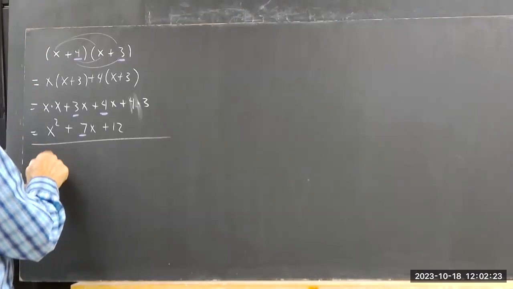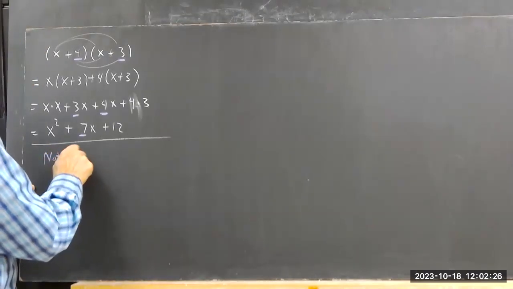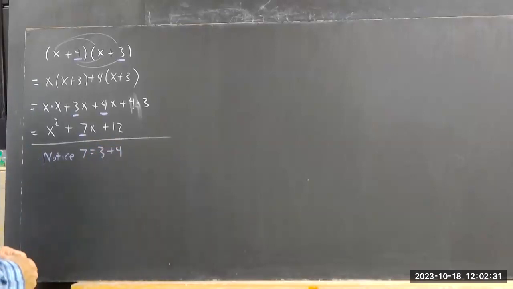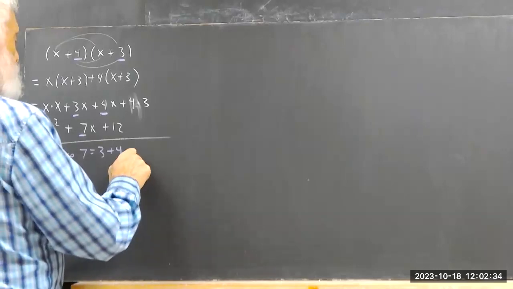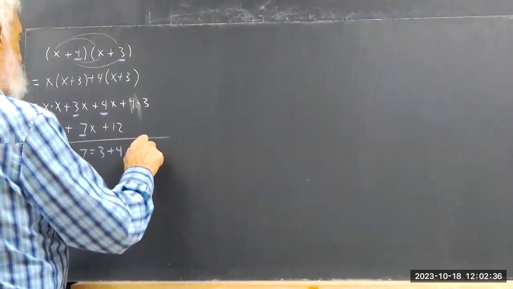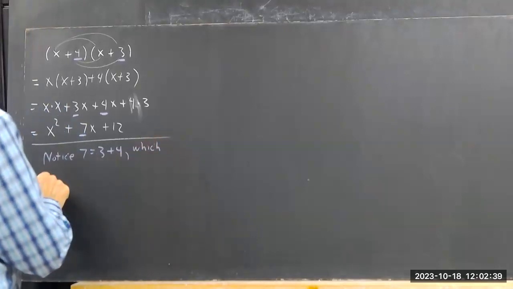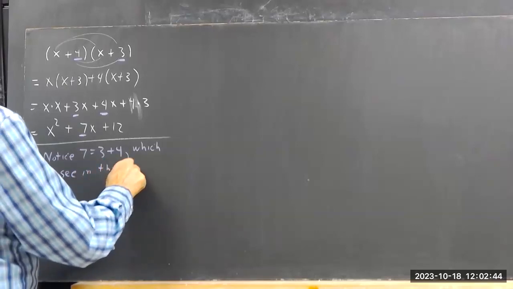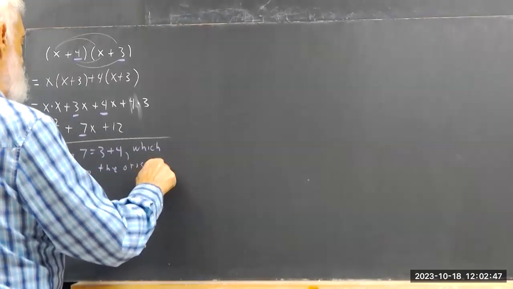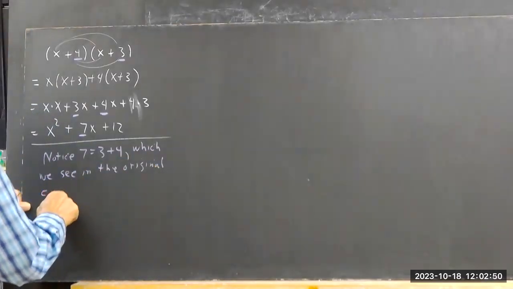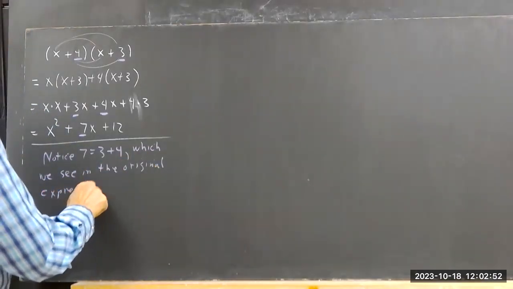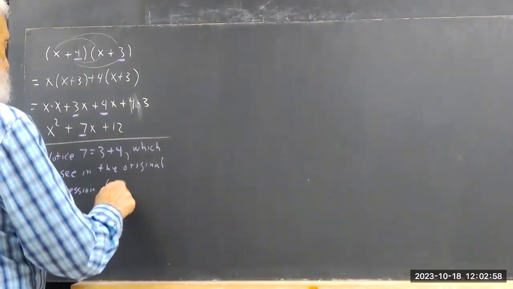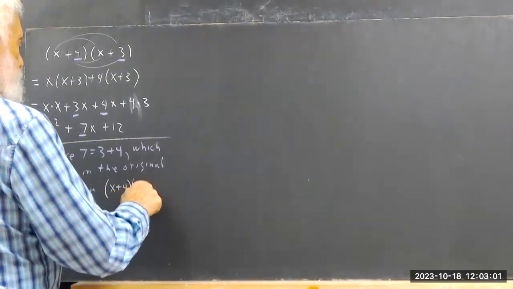So notice, I'm going to say that 7 equals 3 plus 4, which is in the original expression, x plus 4 times x plus 3.